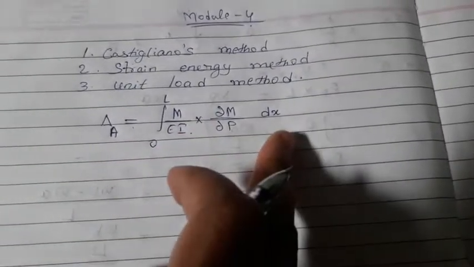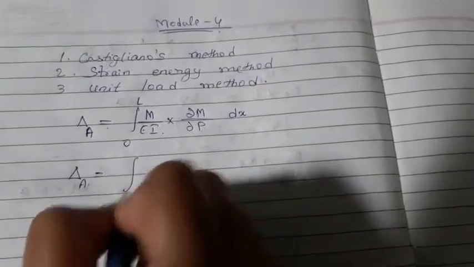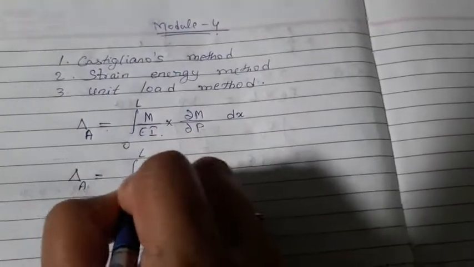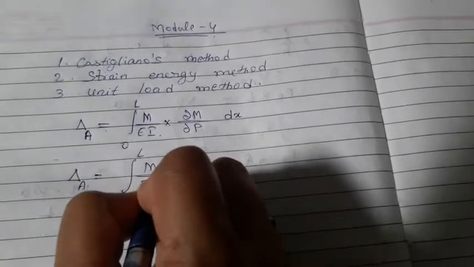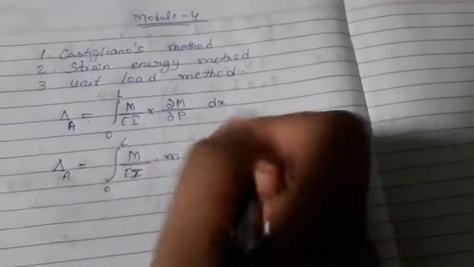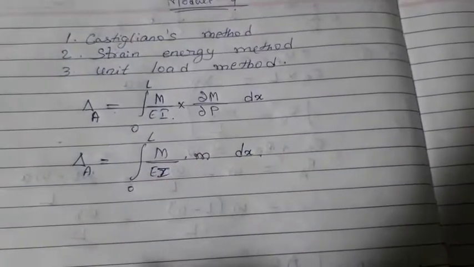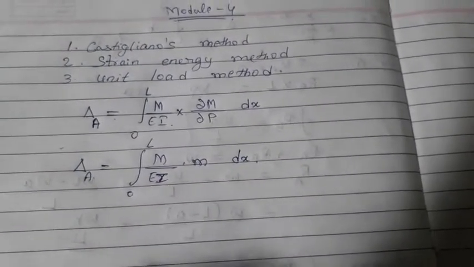This is by Castigliano's method. The same way, the delta A for a unit load is given by the integration from 0 to L of M by EI into m dx. So this is by the unit load method.